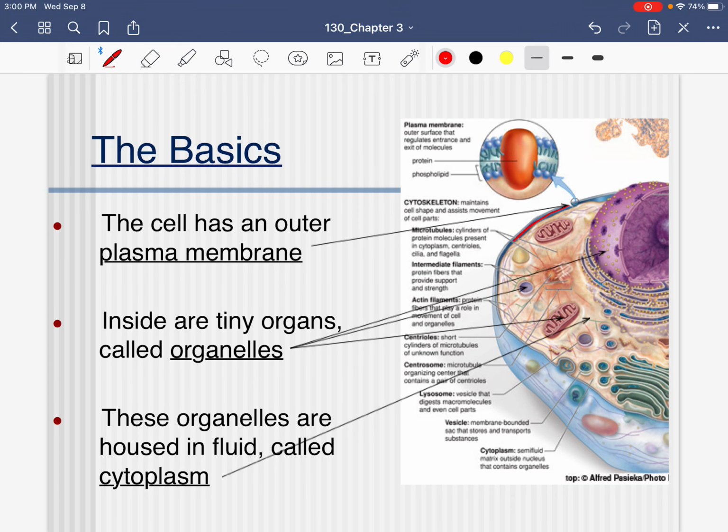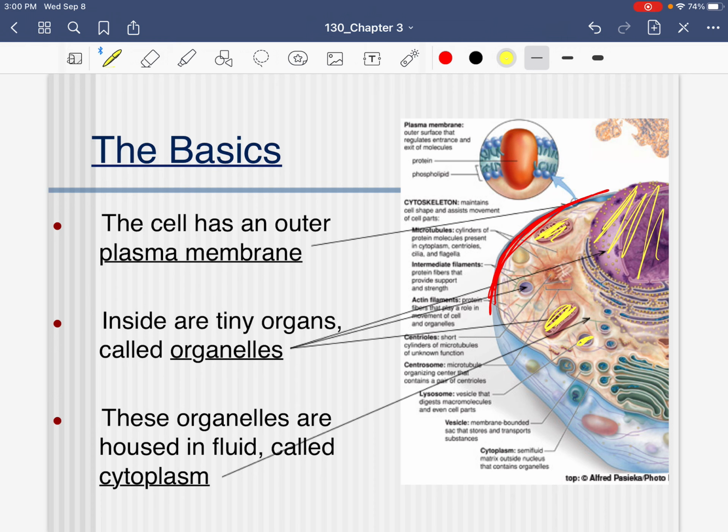So, every human cell has an outer membrane that we call the plasma membrane. It is a specialized membrane. We don't call it a cell wall, that's only in plants. It's a plasma membrane. Inside the plasma membrane, we have tiny organs called organelles.